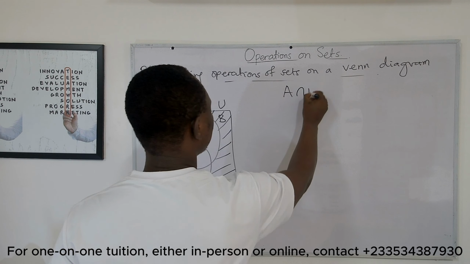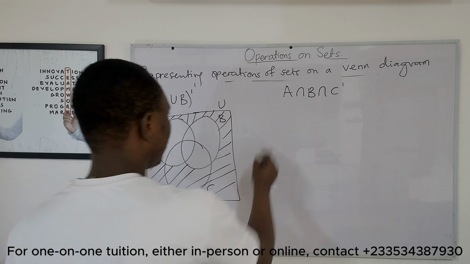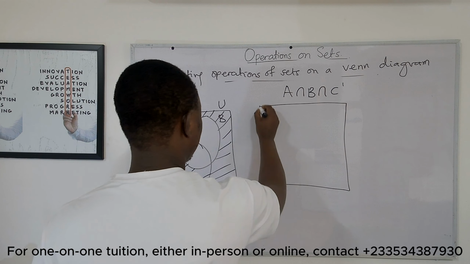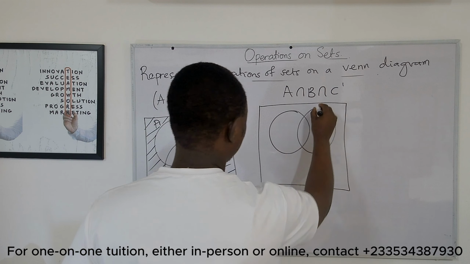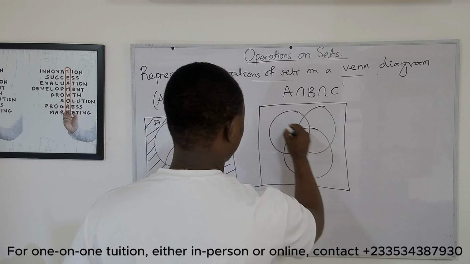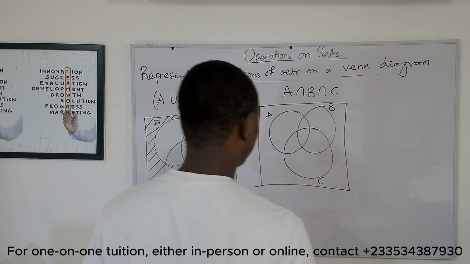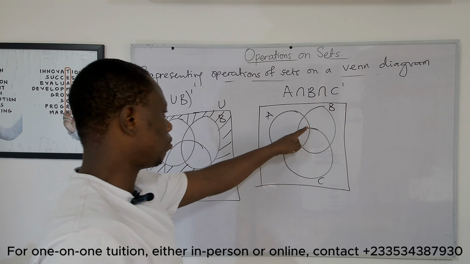Alright. Now let's take another example: A intersection B intersection C complement. When we draw this, we are going to have A, B, C. A intersection B is just this part.